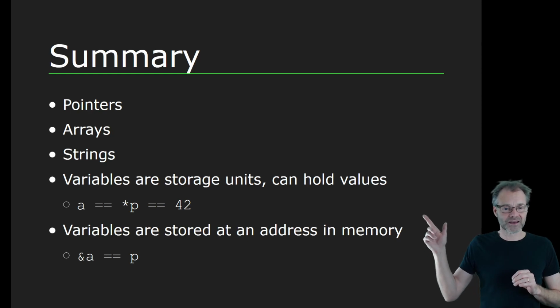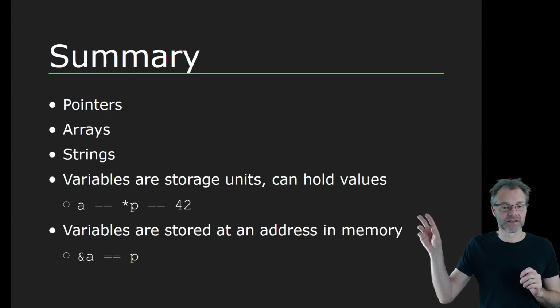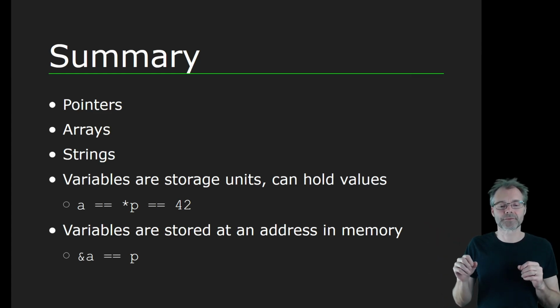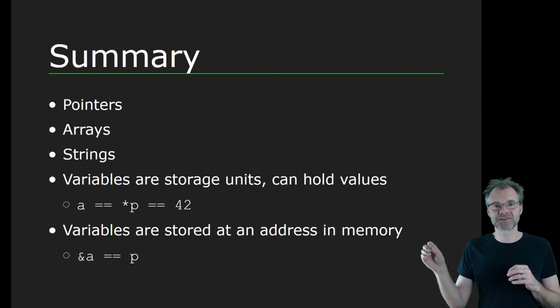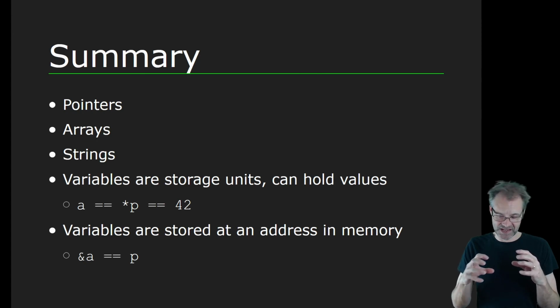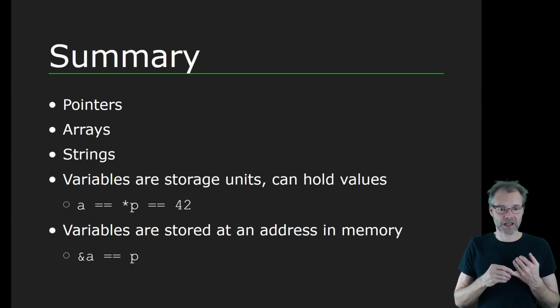Yeah, and to wrap this up, we can see on these 2 last examples here, because that's where we started today. The variables in the program are storage units which can hold values. They have a specific position in the memory that can actually hold data, a value. So in the first program there, we had the variable a.